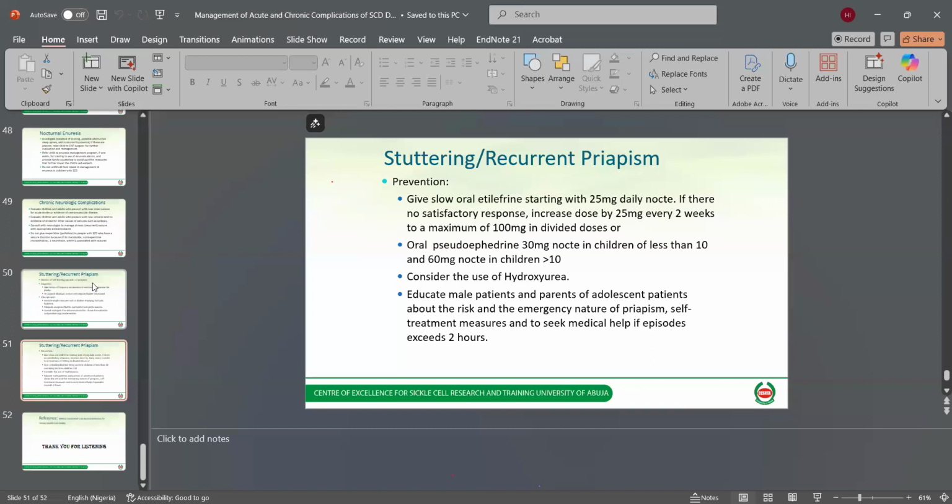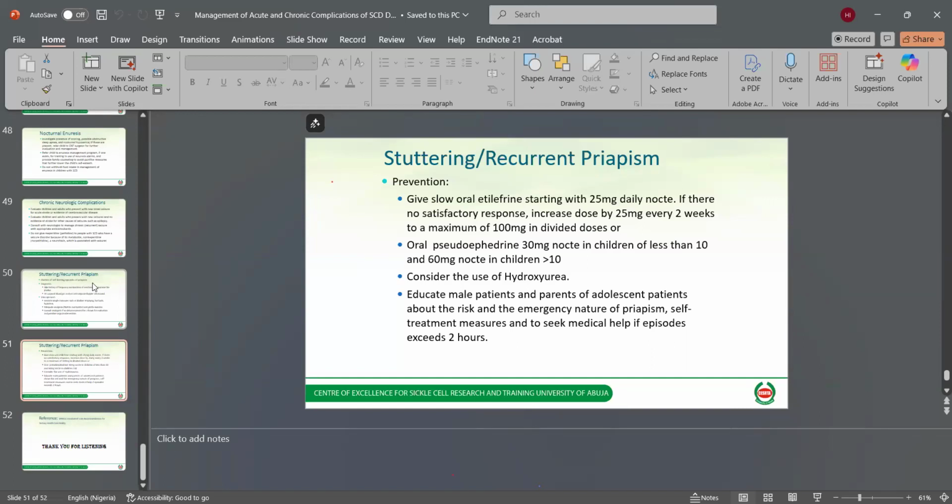Prevention includes giving slow oral epinephrine, starting with 25 milligrams daily nocte. If there is no satisfactory response, increase dose by 25 milligrams every 2 weeks to a maximum of 100 milligrams in divided doses, or oral pseudoephedrine 30 milligrams nocte in children less than 10 and 60 milligrams nocte in children greater than 10 and adults.